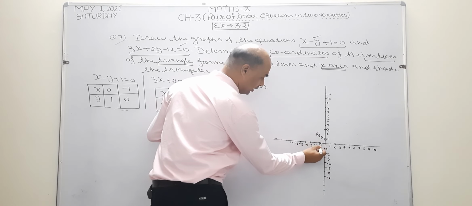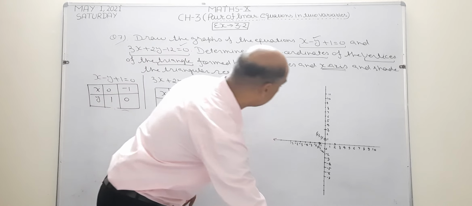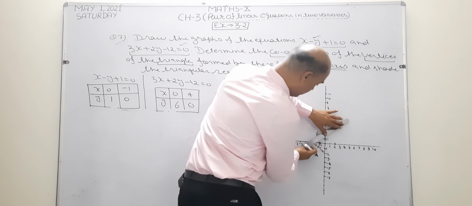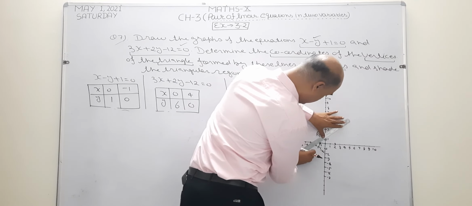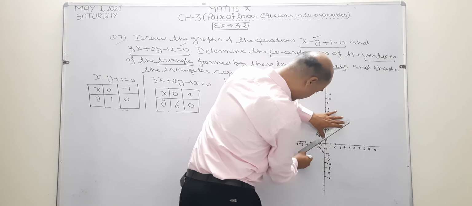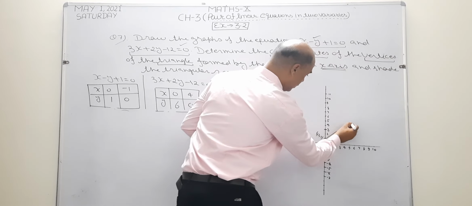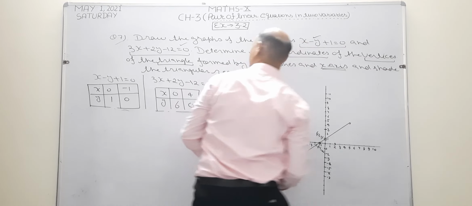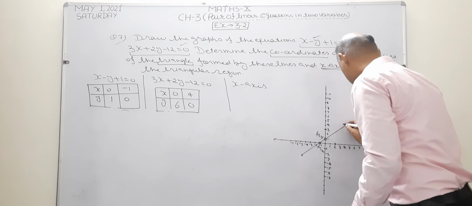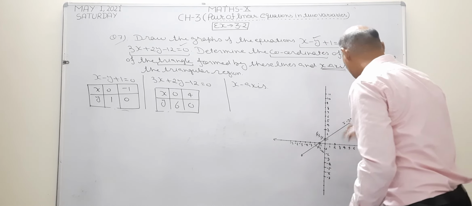So the coordinates become minus 1 and 0. When I join these 2 points, this line represents the graph line of the first equation. First equation is x minus y plus 1 equal to 0.